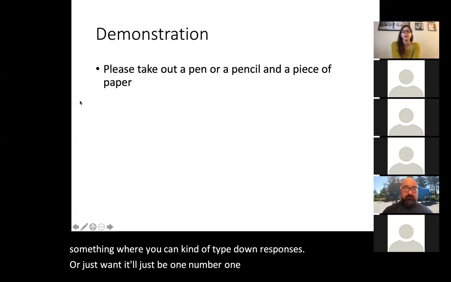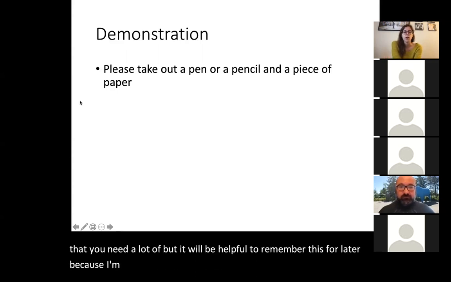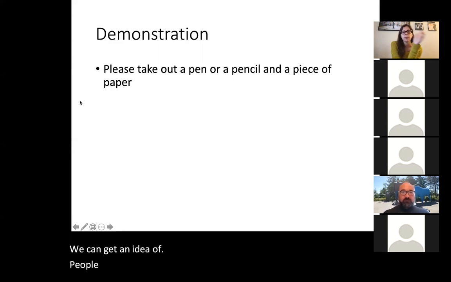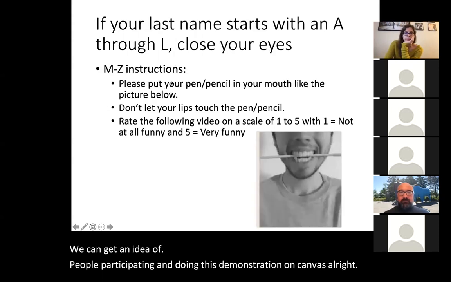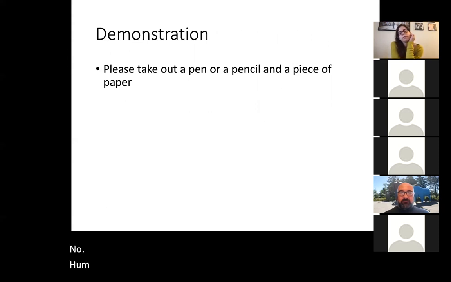It will be helpful to remember this for later, because I'm going to put these instructions on Canvas so we can get an idea of people participating in this demonstration. I just noticed that the slides don't go up with one bullet point at a time.